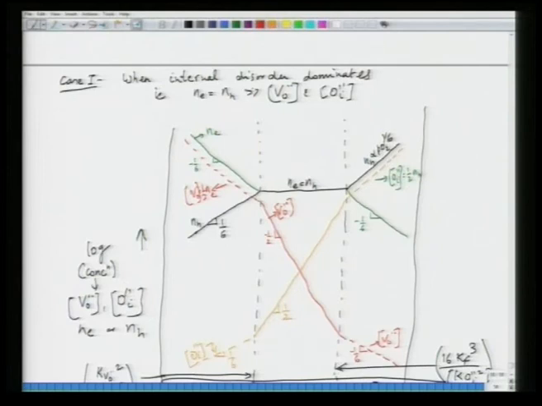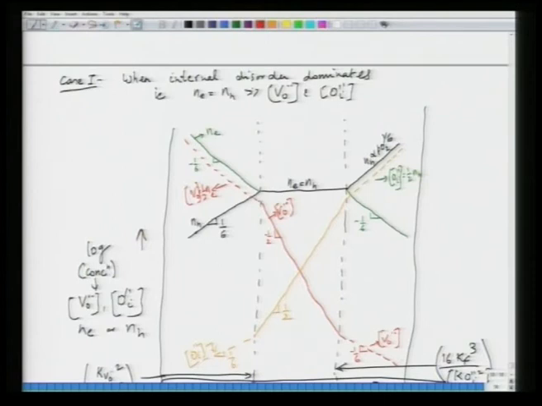Then VO in the low and high pressure region: VO is equal to half of Ne and OI is equal to half of Nh with the same slope. It follows nicely up to the limiting condition, and within the stoichiometric region we also worked out that they have a dependence of plus or minus half, and then they follow plus or minus 1 by 6 in the lower or higher pressure side.